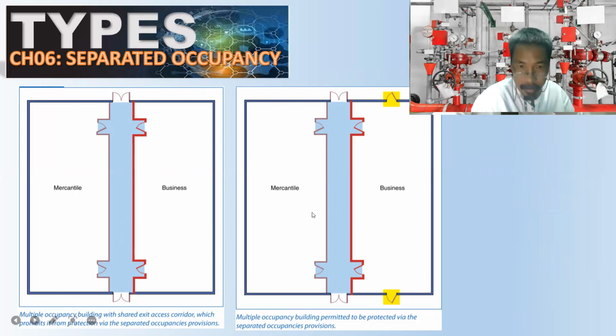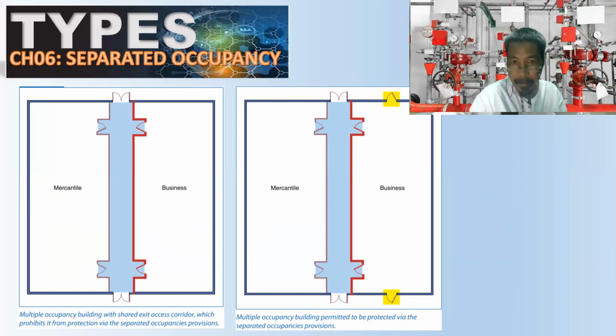And because we are governed by separated occupancy, we need to have an independent egress. This has to be installed. This has to be constructed. These two. So this plan must be reconfigured by putting additional independent egress.